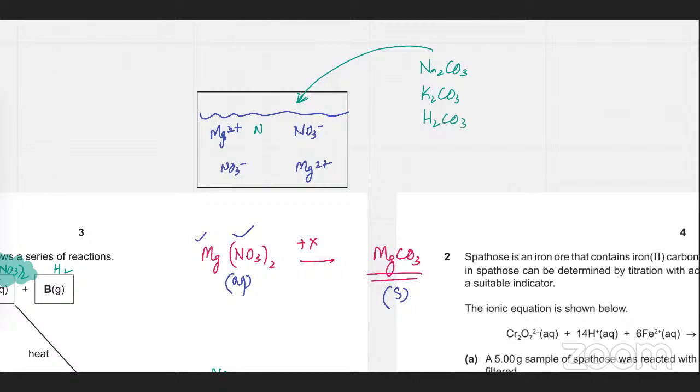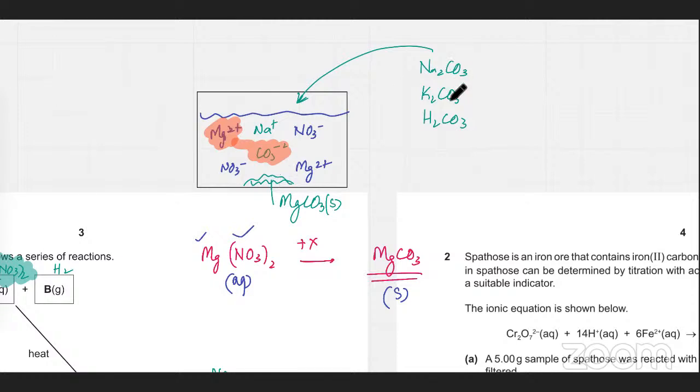Anyways, if I add sodium carbonate to this, what's going to happen is that in the solution, the magnesium ions and the carbonate ions will join up. And when they join up, they form insoluble MgCO3. A precipitate of MgCO3 solid is going to be produced.